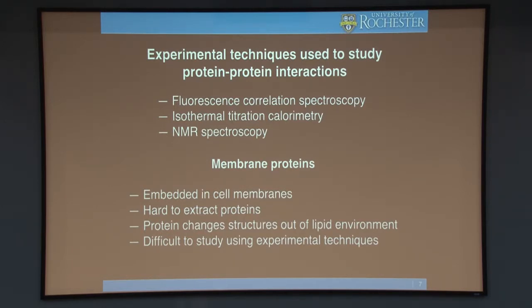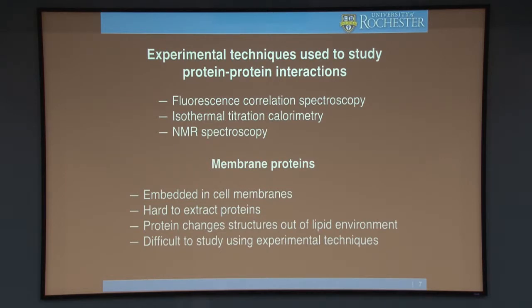That's hard to do if they are inside the membrane, because once it's outside, it's in water, so it is not in a lipid environment, which is its original state. And in all these techniques, it's the same thing. We have to extract the protein out before we can study it.